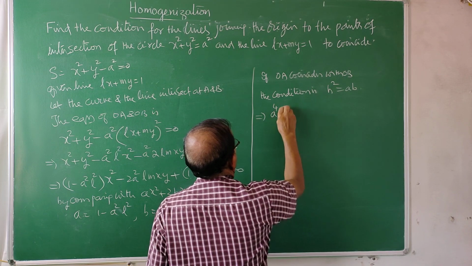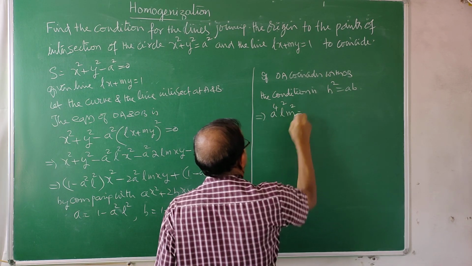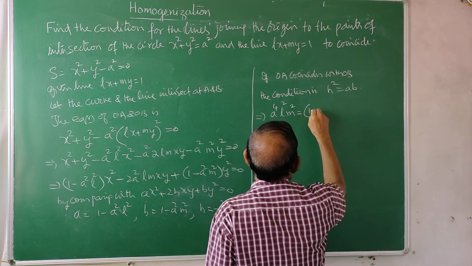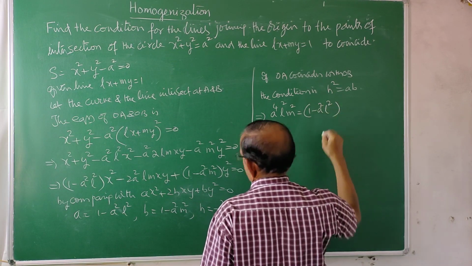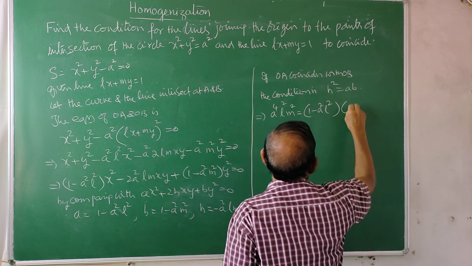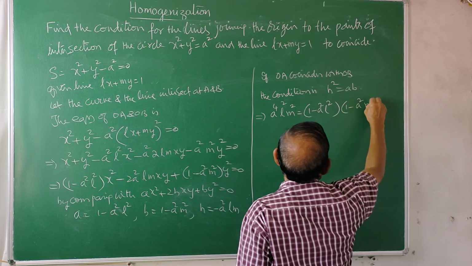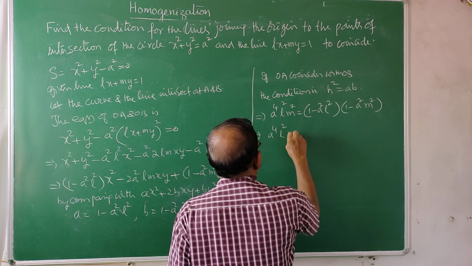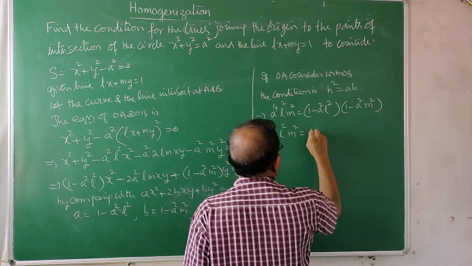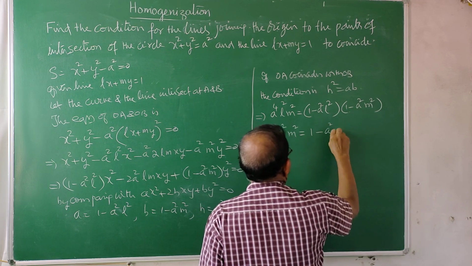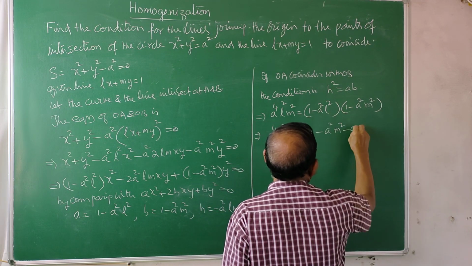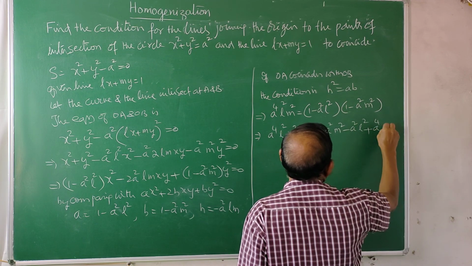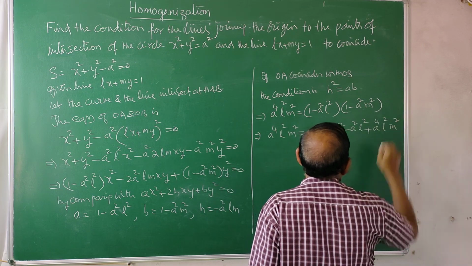A power 4 L square m square is equal to A into B. This into this, 1 minus a square L square into 1 minus a square m square. That implies a power 4 L square m square is equal to 1 minus a square m square minus a square L square plus a power 4 L square m square.